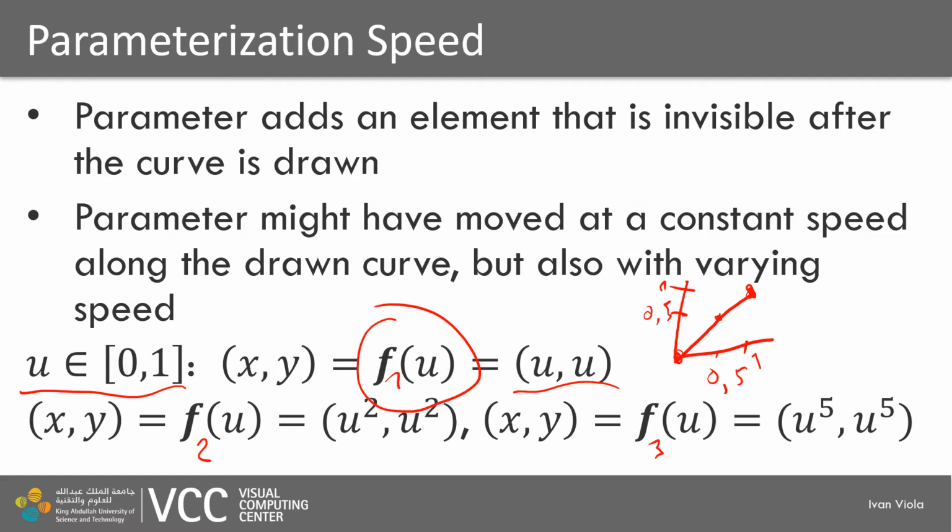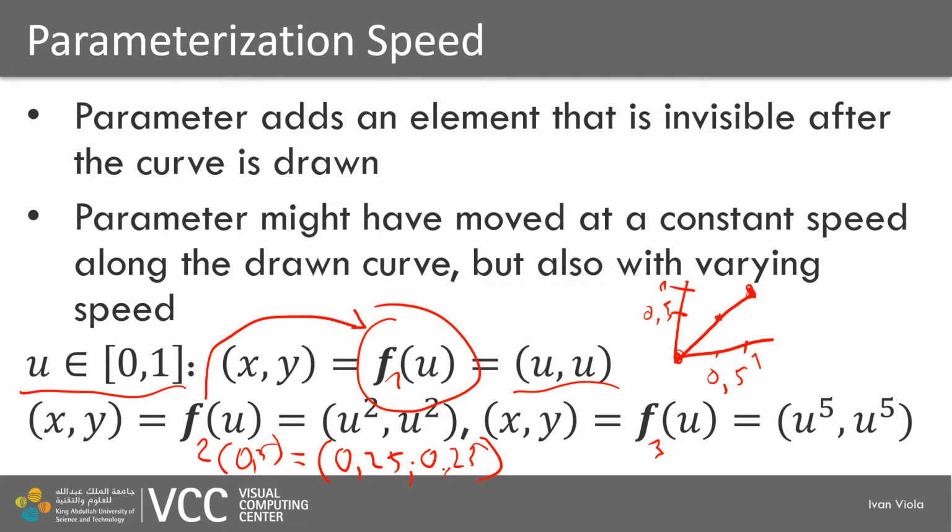But for the point u equals 0.5, this function f2, so f2 for 0.5, which coordinates will it map to? It will equal 0.25, 0.25, which is different from the previous function f1.